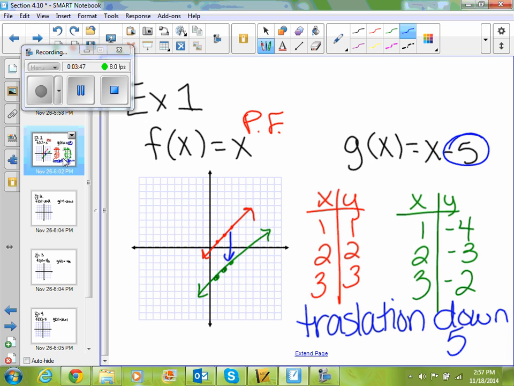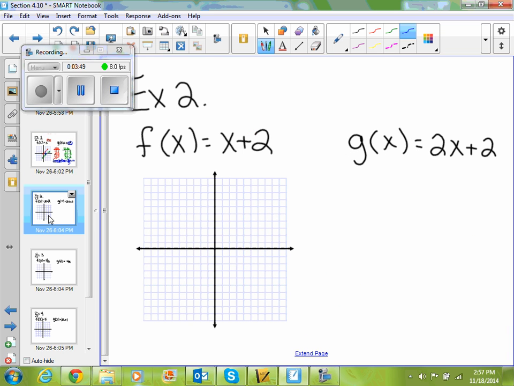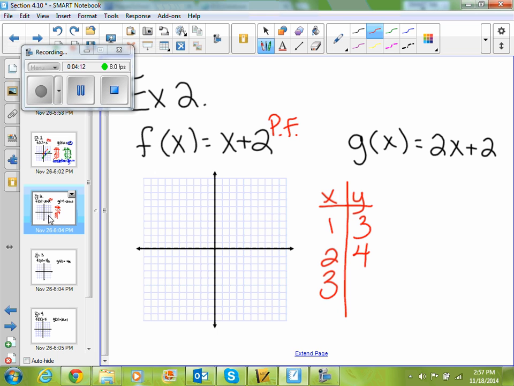So we're good on that one? If I look at example 2, given the function f of x equals x plus 2, that's my parent function, because that's the first function I was given. So that's what I'm going to graph first. If I use the same x values to be consistent, 1 plus 2 is 3, 2 plus 2 is 4, 3 plus 2 is 5.